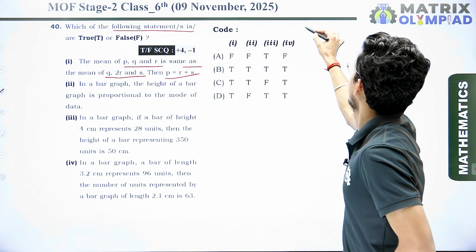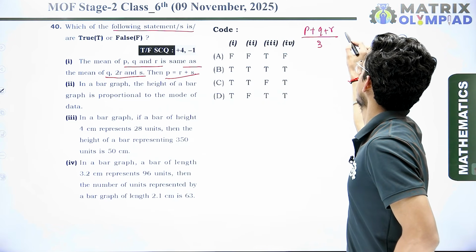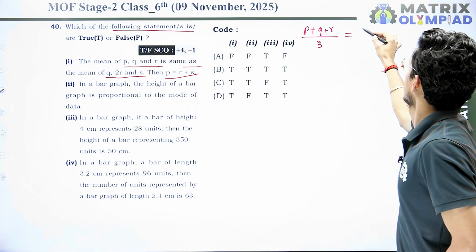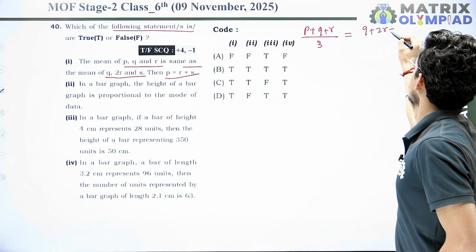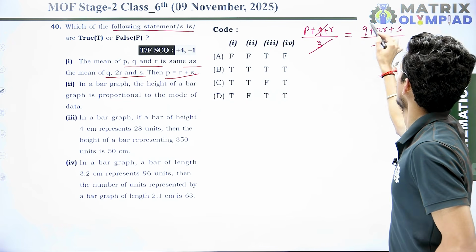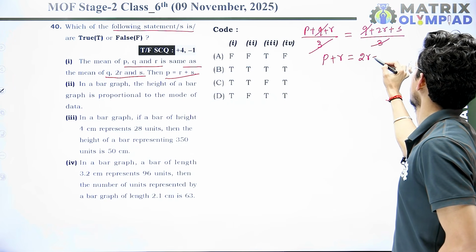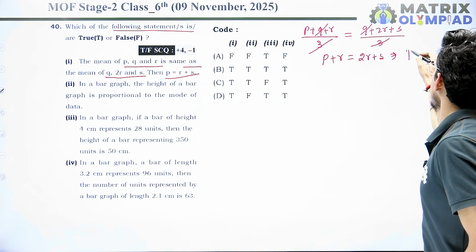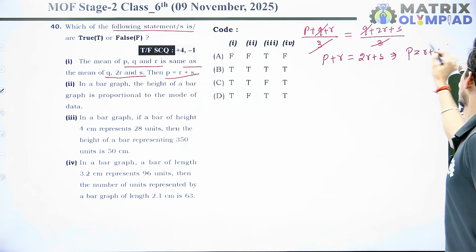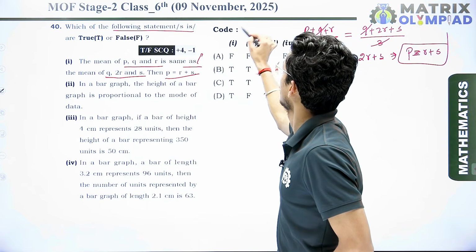So the sum of all observations divided by the number of observations is equal to, again, the sum of all observations divided by the number of observations. The 3s cancel out, and Q cancels out. So I can write P plus R is equal to 2R plus S. From here we can say that P is equal to R plus S. It means the first statement is true.